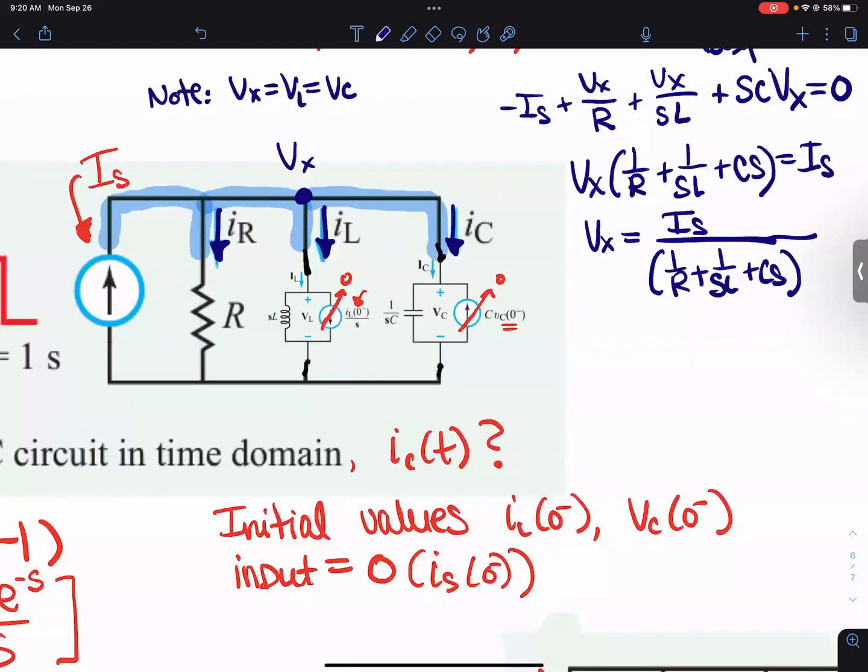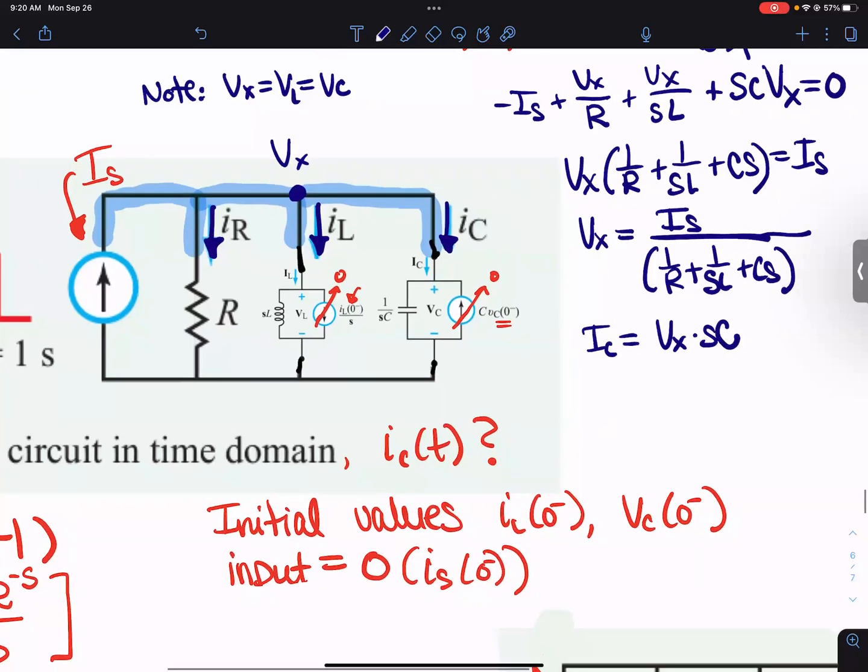And we got a value of VX of S. And so if I want to find IC, what will that be? And so, I'll write this down here.